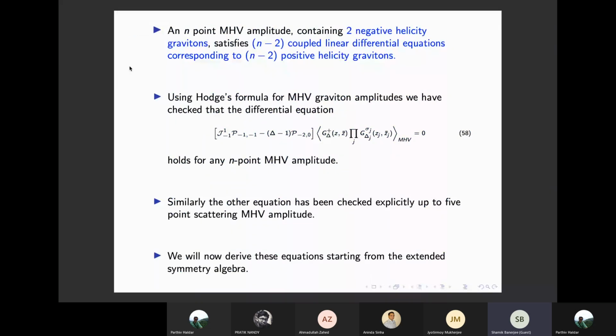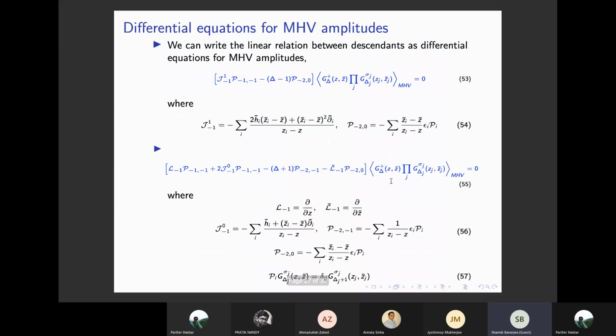So an n point MHV amplitude containing two negative helicity gravitons satisfies n minus 2 coupled linear differential equations corresponding to n minus 2 positive helicity gravitons. Okay. Shamik, what is the order of the differential equation?